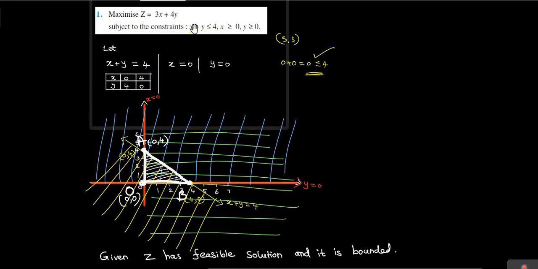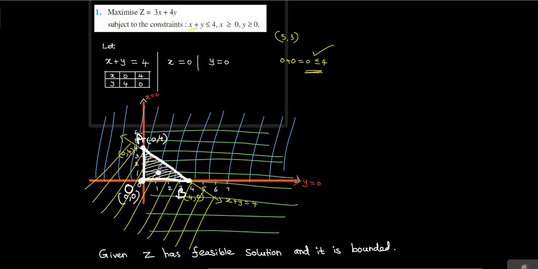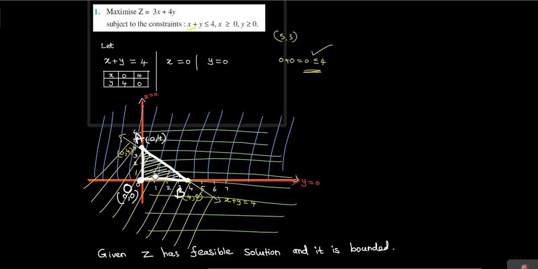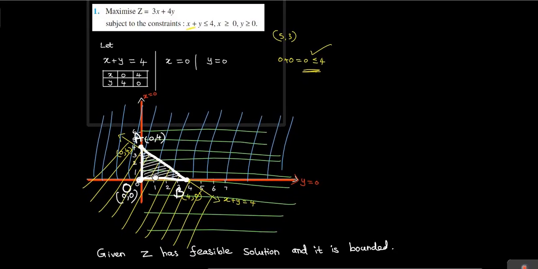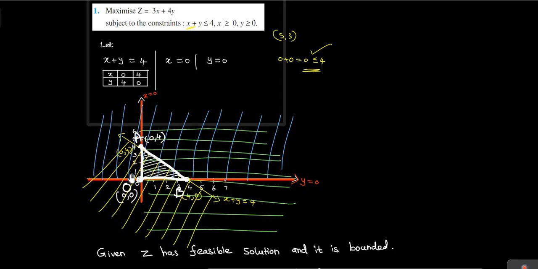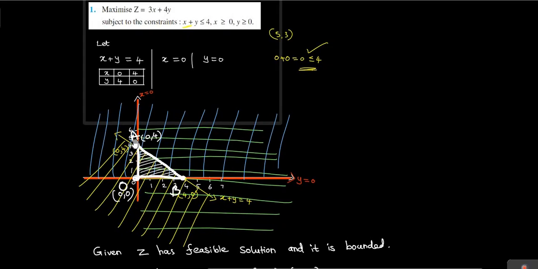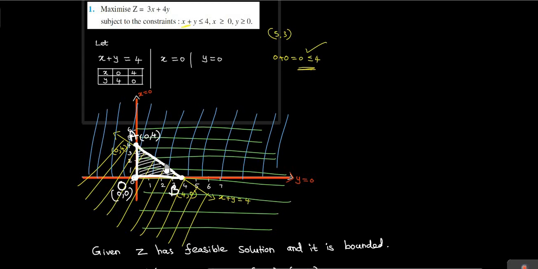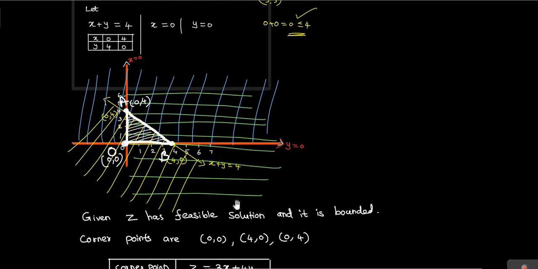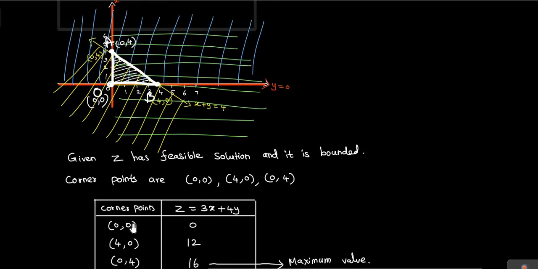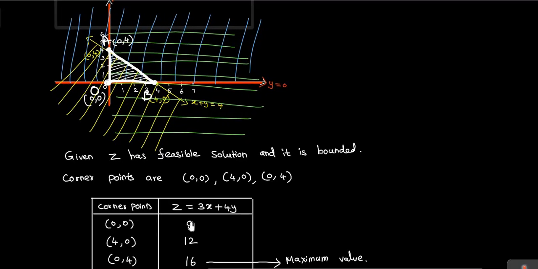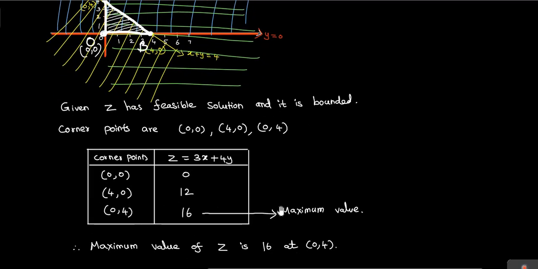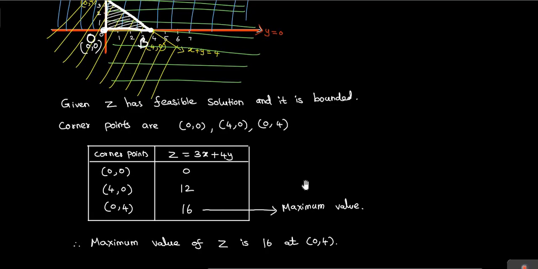So we can notice that for the 3 given inequalities, a common space exists. That means we have a feasible solution, and the feasible solution is also bounded. You can see a closed figure. Since it's bounded, we can identify the corner points very easily. So identify the corner points and substitute them one by one in the given Z. Identify the maximum value. That's the whole solution.